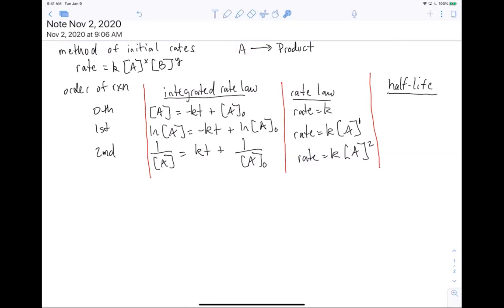And so calculating the half-life and relating it to time and concentration depends on whether it's zero order, first order, or second order. If we look at the half-life for a first order reaction, what we see is that it's not dependent on the concentration at all.